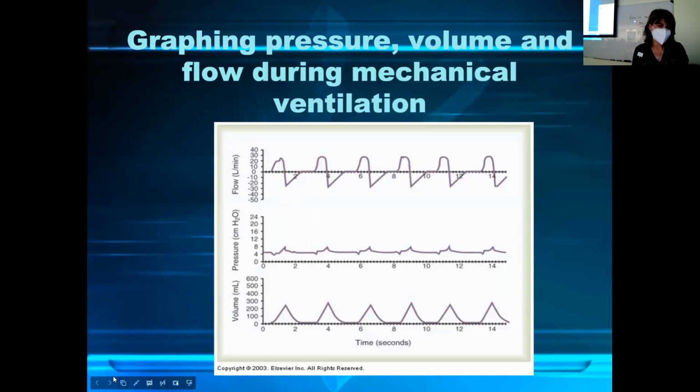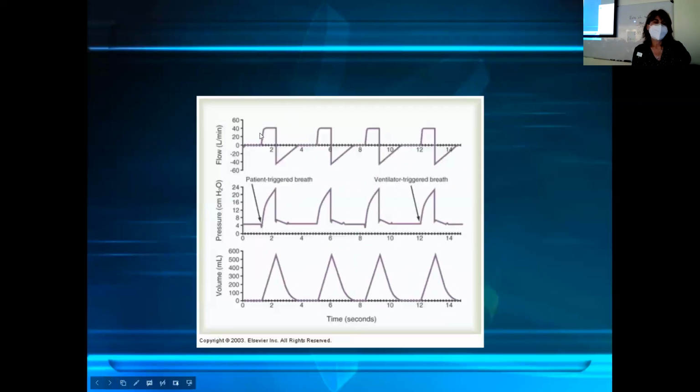Let's look at the next one where it's a ventilator breath. So here we have the air flowing into the lungs. And at this point is when inspiration stops. No more flow is going into the lungs. Now the exhalation valve on the ventilator opens. And now the air can start coming back out of the lungs.